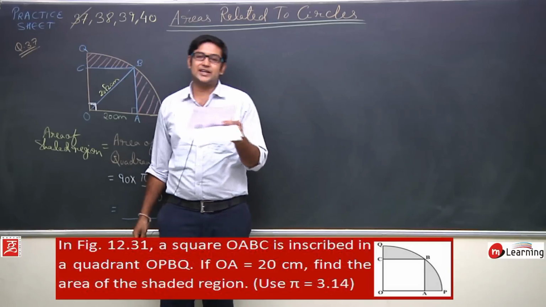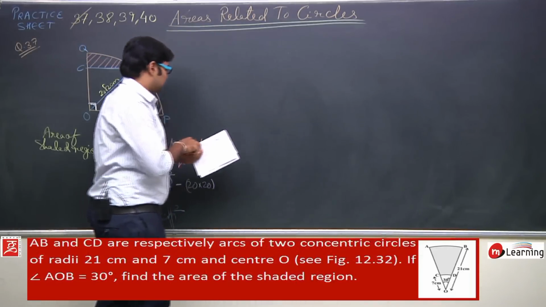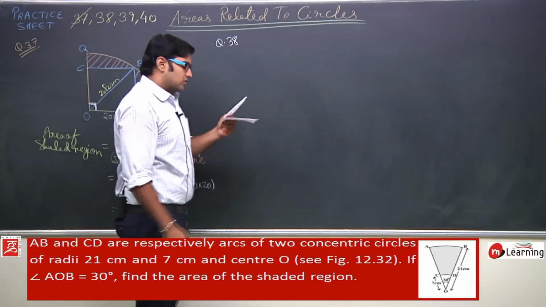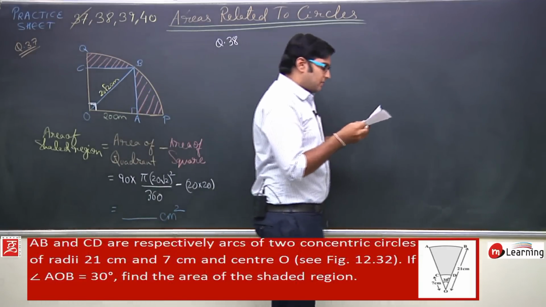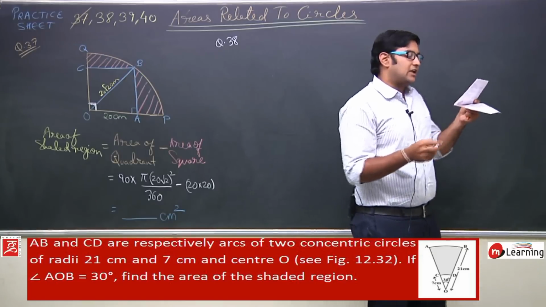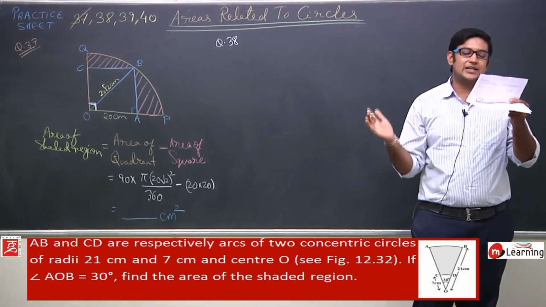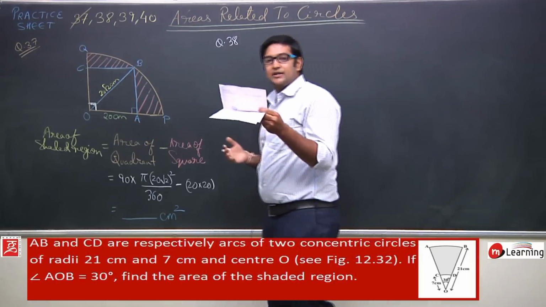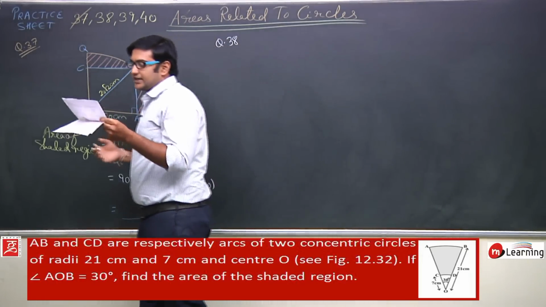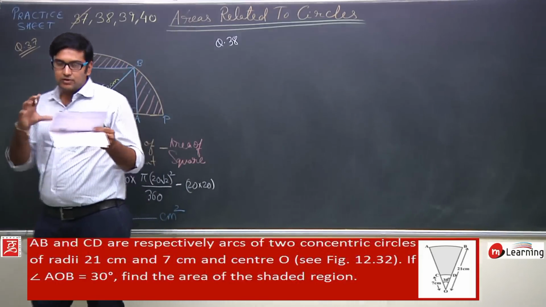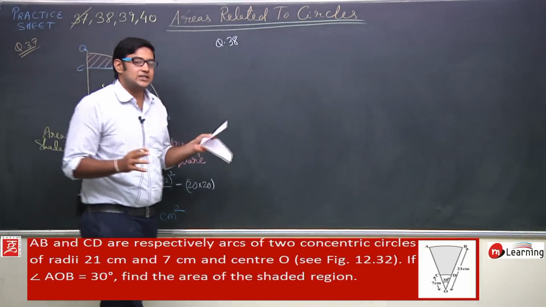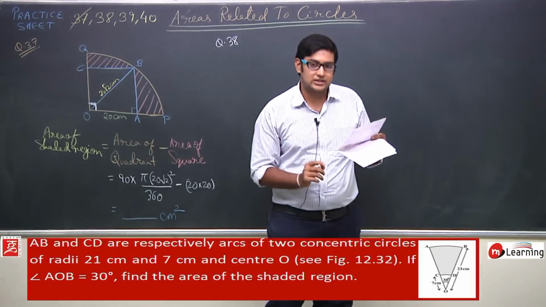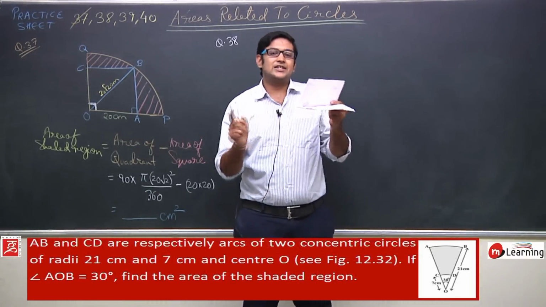Let us discuss the 38th question. Question number 38 says, AB and CD are respectively arcs of two concentric circles of radii 21 centimeters and 7 centimeters and center O. So there are two concentric circles, and from them I have taken out two arcs, one is AB and another is CD.